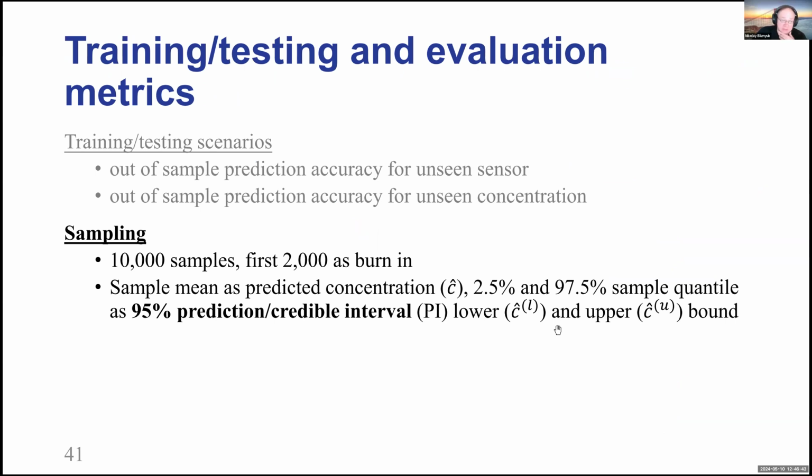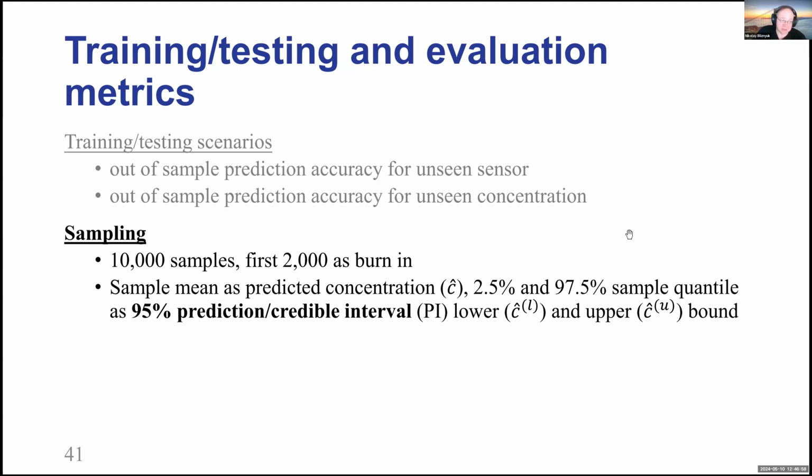So what are the outputs that we collect? The samples are collected by Markov chain Monte Carlo. We run this for 10,000 iterations, which is conventional. Part of those are discarded as the so-called burn-in period.